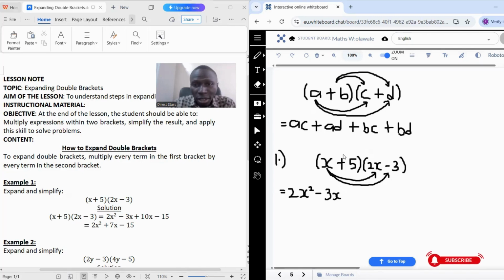Now we'll take plus 5 multiplied by 2x. We're going to have that to be plus 10x. And plus 5 also multiplied by minus 3. We're going to have this to be minus 15.